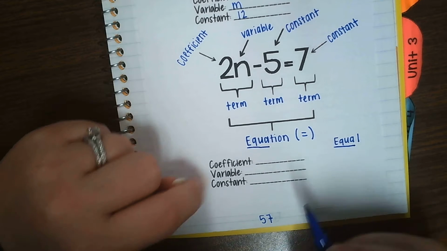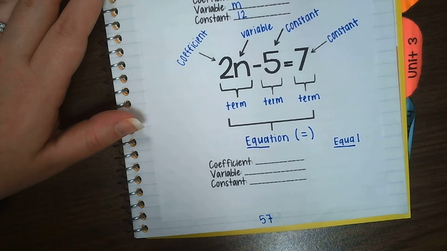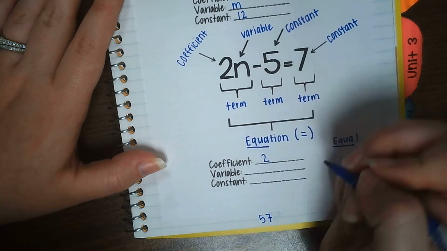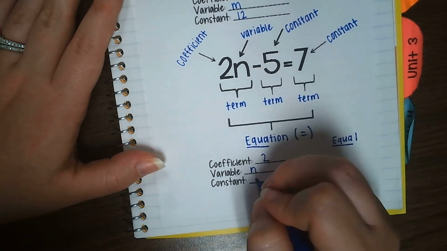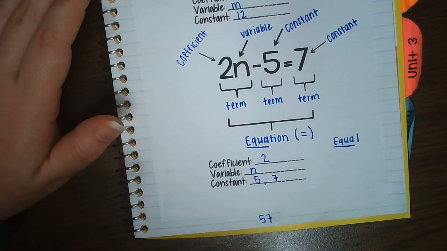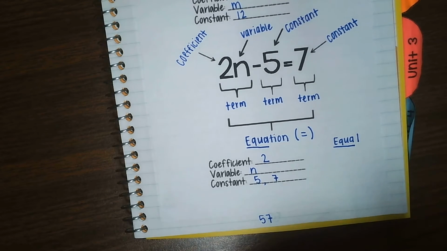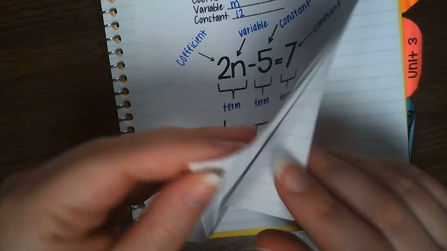They're the same. Equation, equal. Okay, so to review, our coefficient is 2, our variable was n, and we had 2 constants, 5 and 7. Okay, next page.